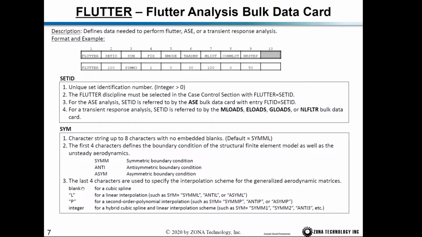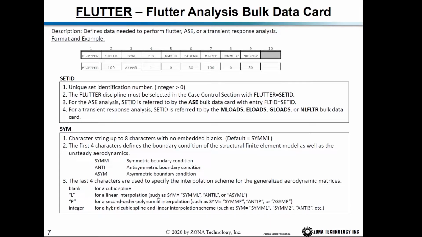If it's blank, you use a QB spline for the interpolation of the generalized aerodynamic forces, because in the MKAEROZ card you only list out a few reduced frequencies, but to perform the frequency sweep technique, the G method and the PK method need to interpolate the GAF from those computed by the MKAEROZ card.